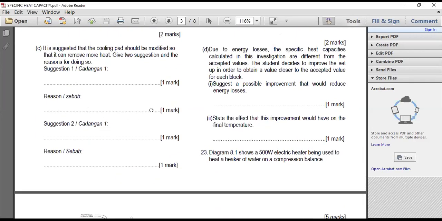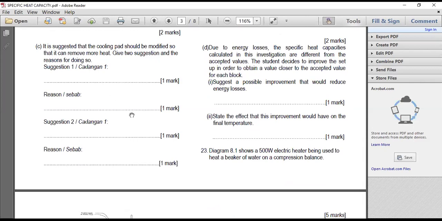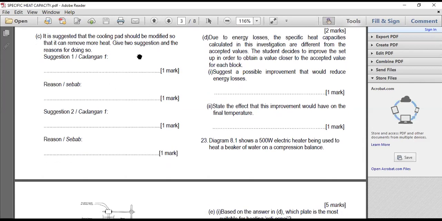It is suggested that the cooling pad should be modified so that it can remove more heat. Give two suggestions. For this one, Q equals mc theta.